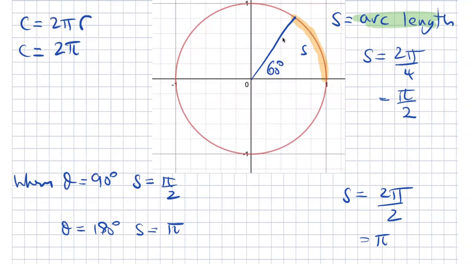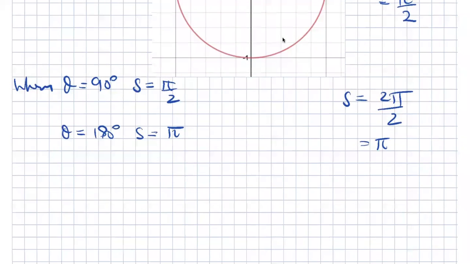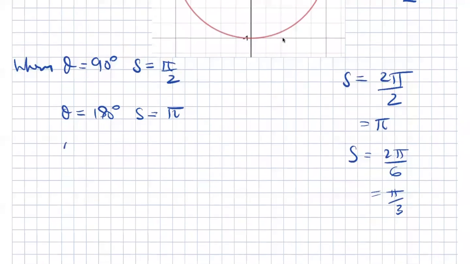So therefore that little length there is going to be 2 pi divided by 6. So S is equal to 2 pi divided by 6, which is equal to pi over 3. So when theta is equal to 60 degrees, S is equal to pi over 3.